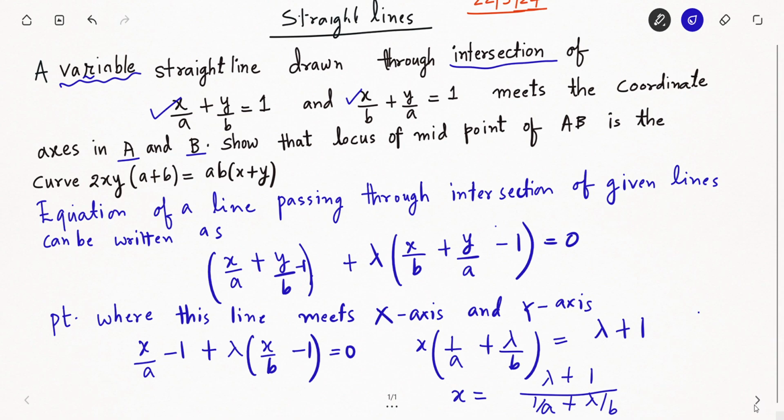Now the point A can be written as 1 plus lambda divided by 1 upon a plus lambda upon b, comma 0. This is the point where the line meets the x-axis.